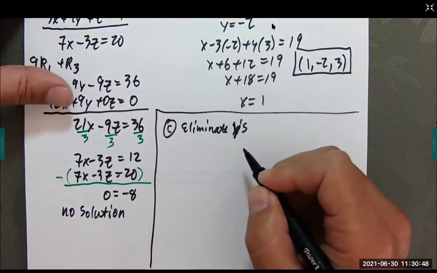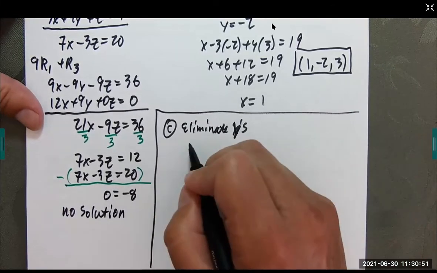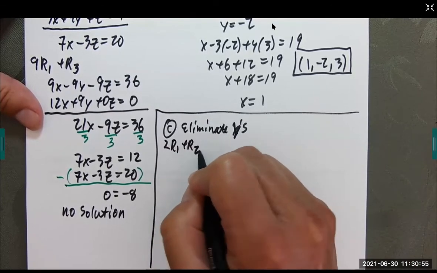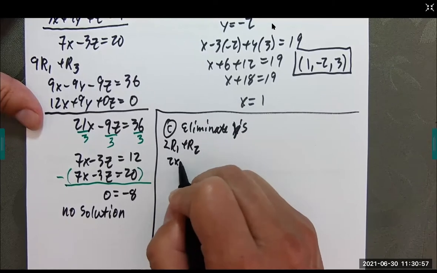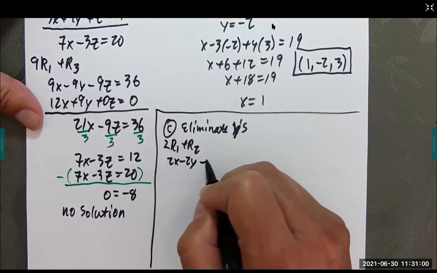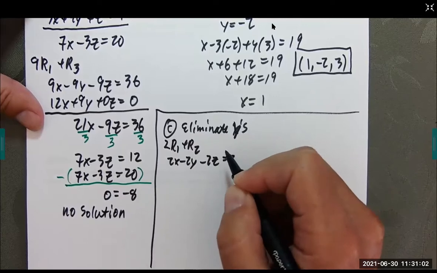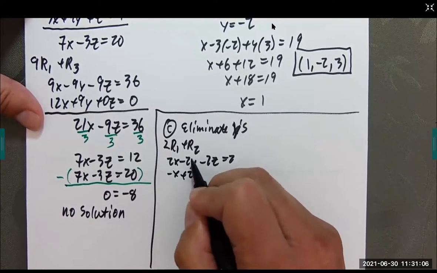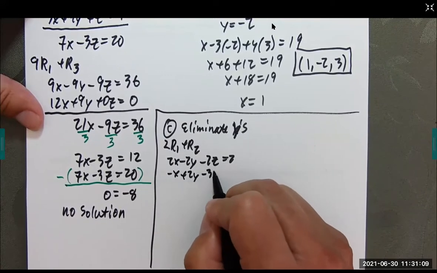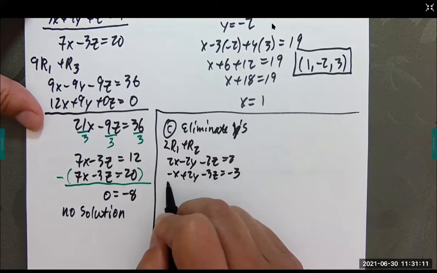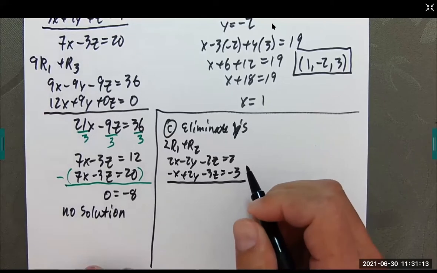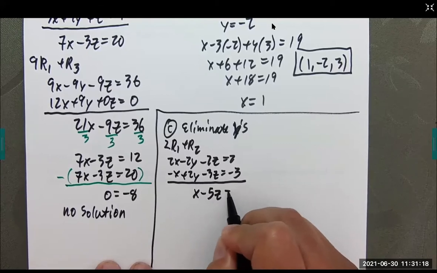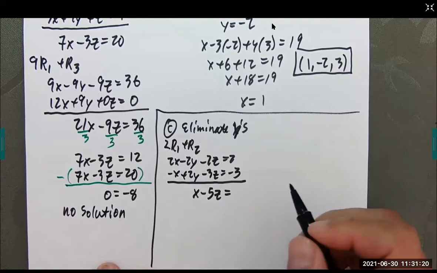It's going to be easier. I'm going to go 2 times row 1. So row 1 times 2 plus row 2. So 2x minus 2y minus 2z equals 2. And then -x plus 2y, so the y's are going to eliminate there, minus 3z equals -3. And that gives us x minus 5z equals -1.